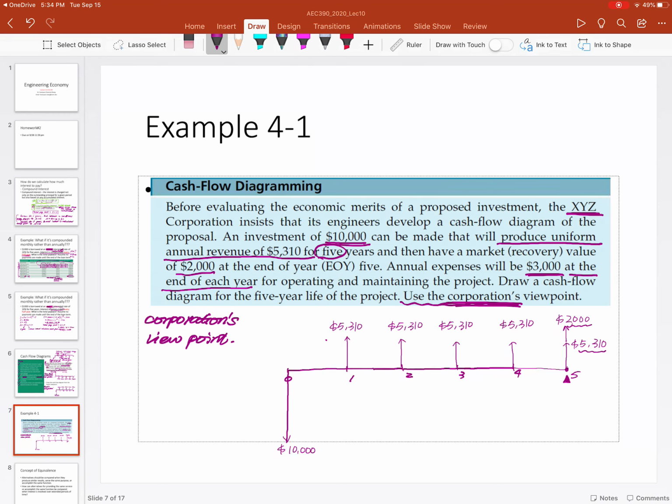Okay, and that's not the end of the cash flow, because every year you will spend 3,000 as your cost. So the cost is your money outflow. So the arrowhead should be going downward. Okay, and so that's gonna be like this because it's the same amount every year. So I will just draw all these arrows together and then label the amount 3,000 for each time point.